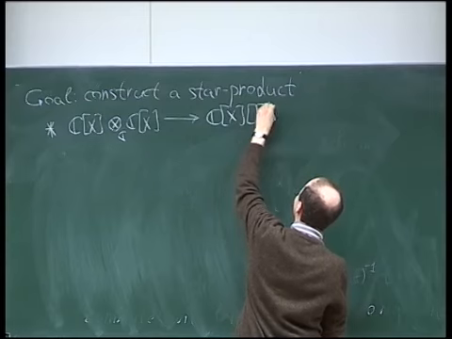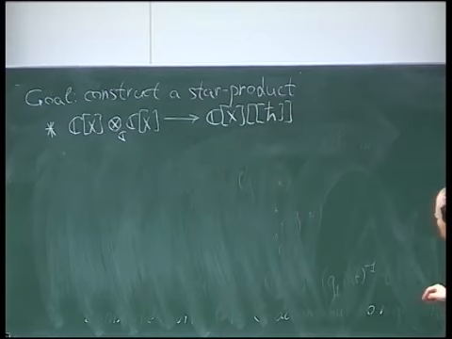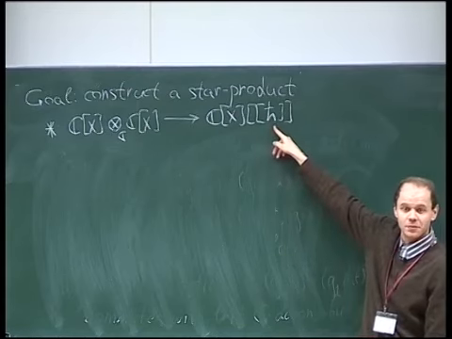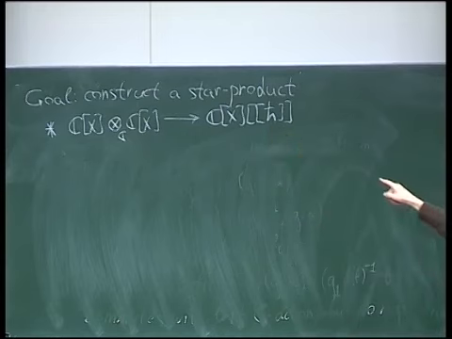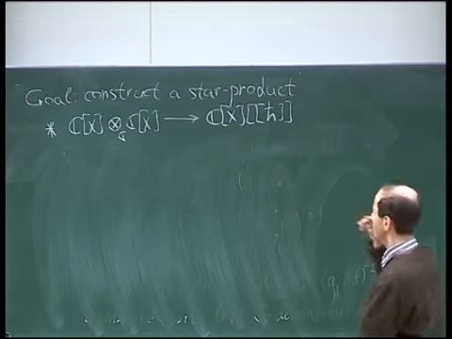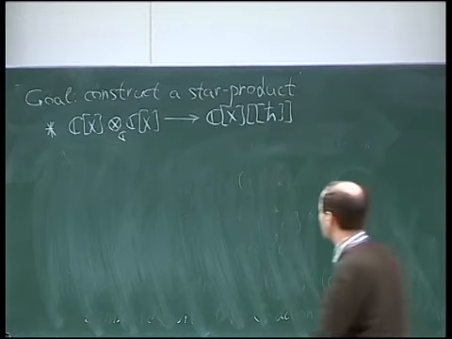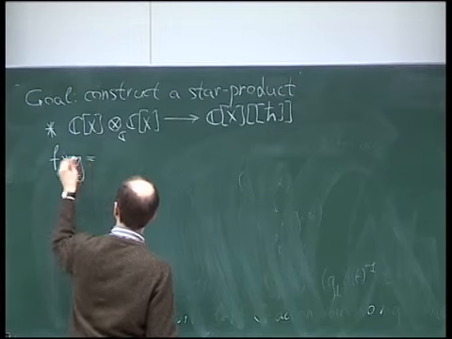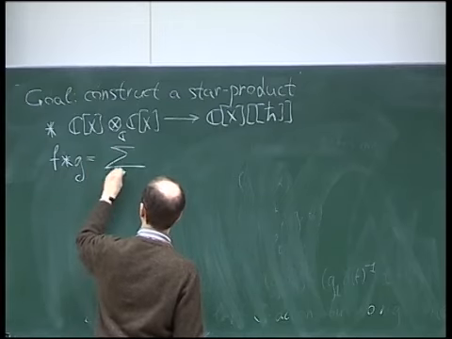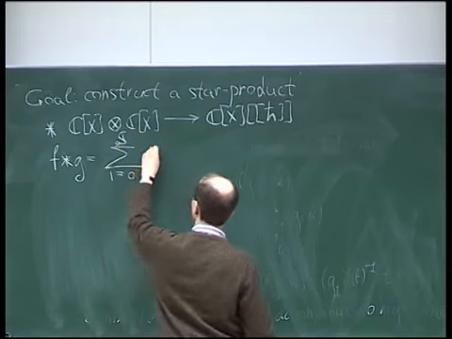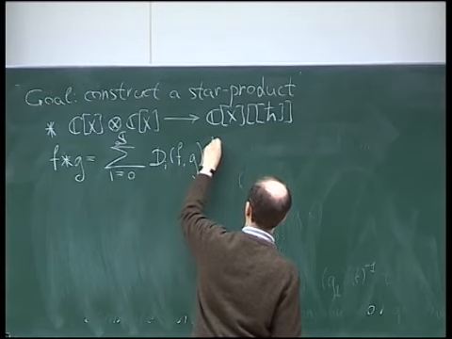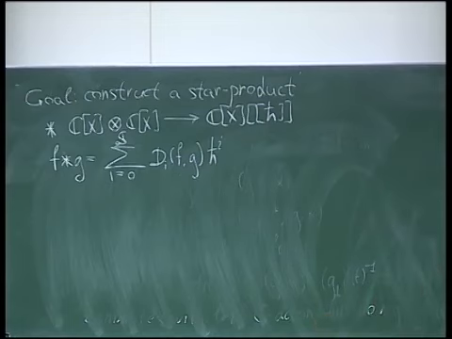And there is a very stylish notation for the indeterminate, h bar, which in physics is the Planck constant. But anyway, here it's a formal variable. Now this map, one can write, of course, f star g is the sum from i equal to 0 to infinity of d_i(f, g) times h bar to the i. This should be subject to the following axioms.